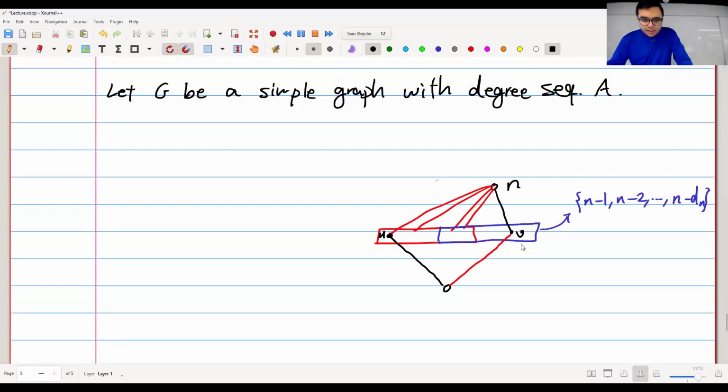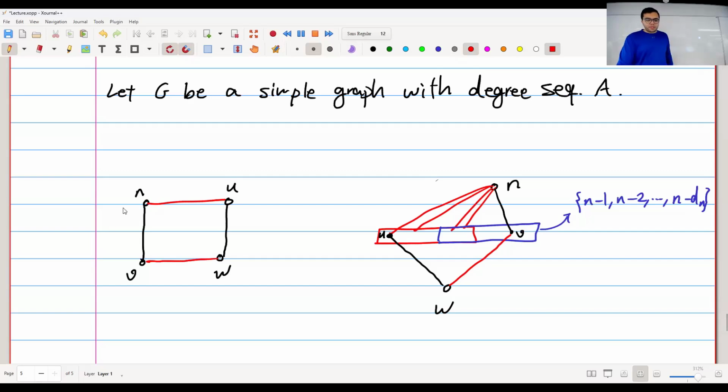Basically, I want to find something like this. I want to find n, and let's say red is the edges in G. I want n to be connected to some vertex U, and I want there to also be a vertex V where n is not connected to, and I want to add this edge. And then I want there to be another vertex, let's call it W, where W is not connected to U, but it is connected to V. So basically, I want to find a situation like this.